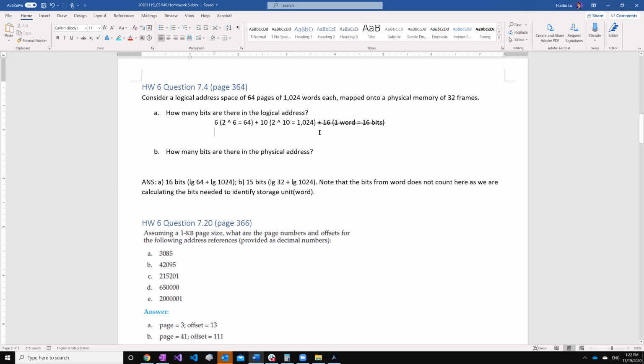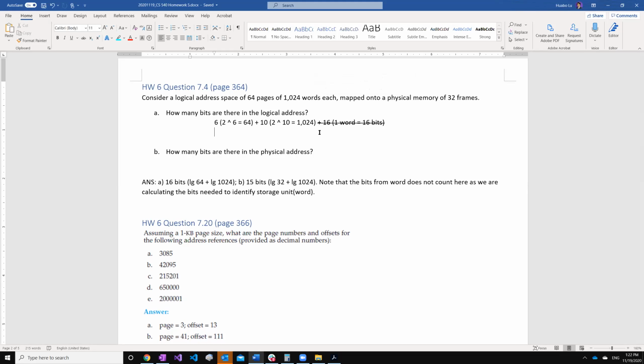Recall that when we say the address for the memory, we are talking about the address that you can use to specify the storage unit. If you choose the word as the storage unit, you can use that. Or if you choose the byte as the storage unit, you can go for that as well. But you don't set the bit as the storage unit. Why?